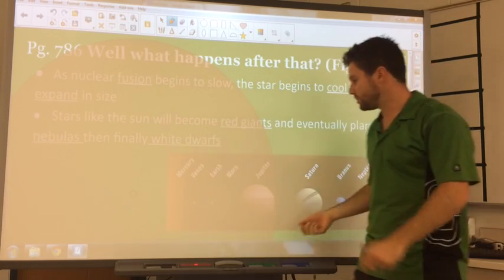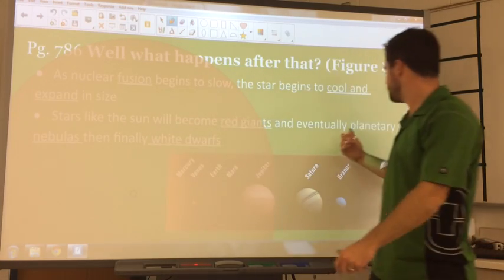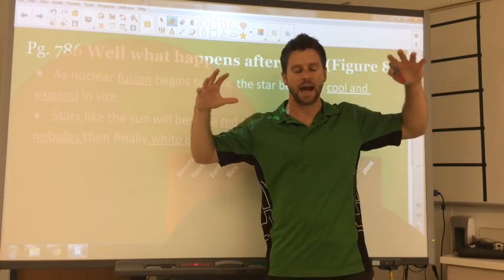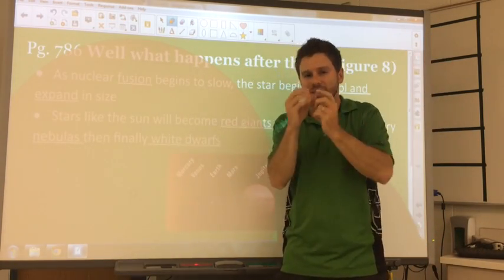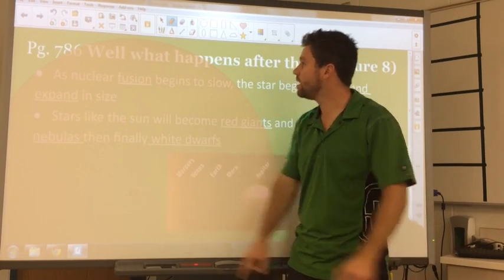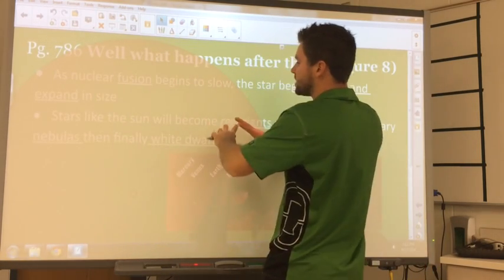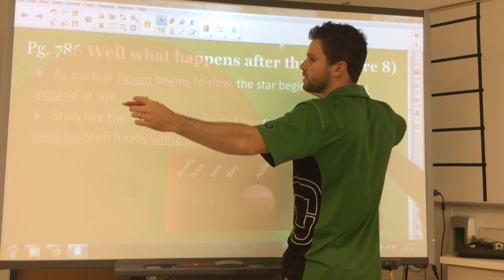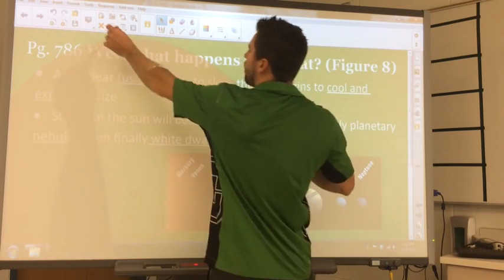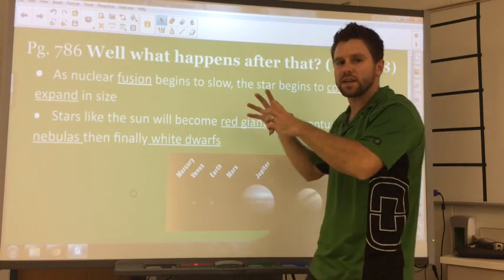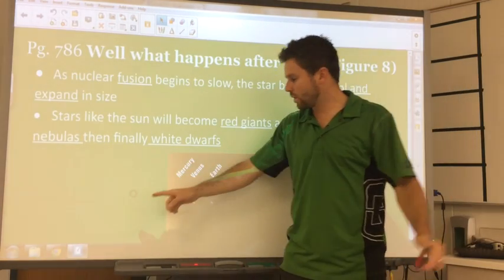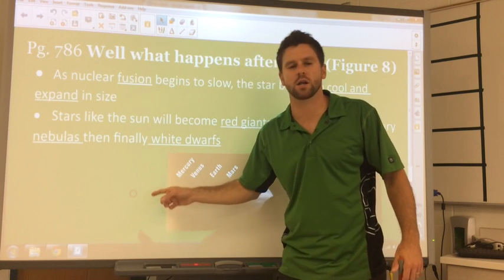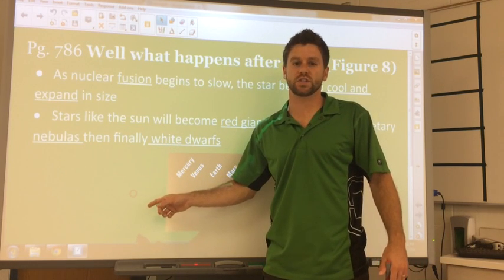Okay? And it becomes a planetary nebula. And then once all of that gas and dust dissipates, what's left is the core of the sun, right? So as this planetary nebula continues to grow, the atmosphere starts to dissipate, and once all of the gas and dust has dissipated, what's left is a white dwarf, the extraordinarily dense core of the sun.